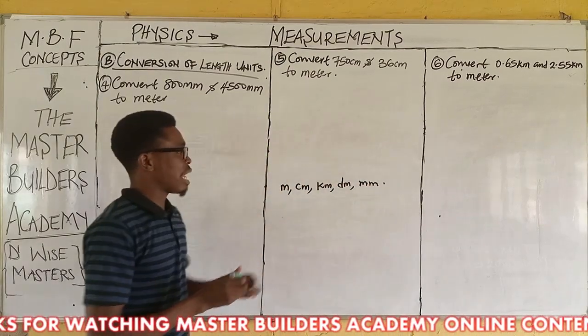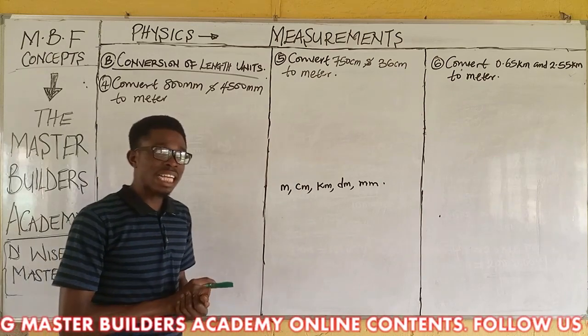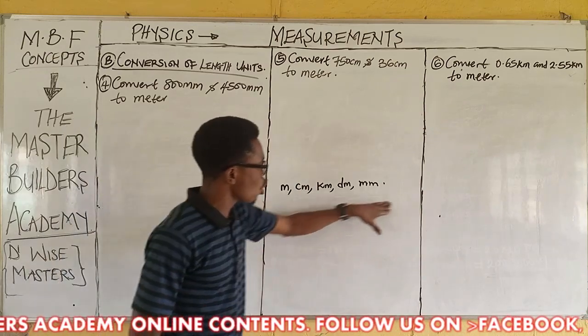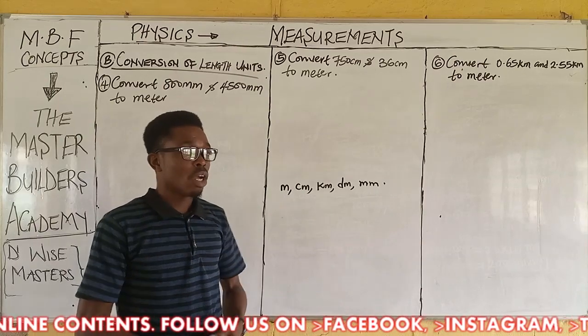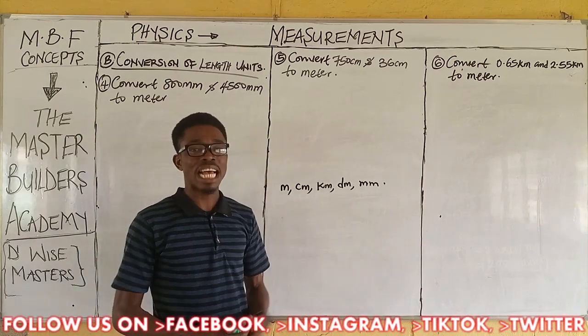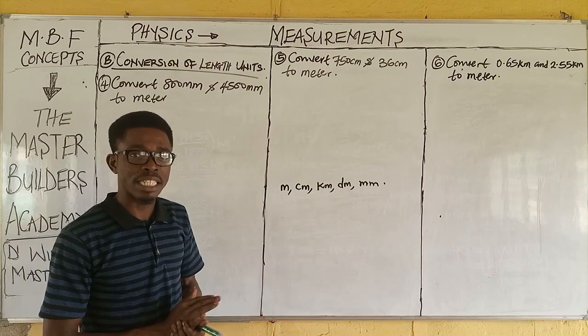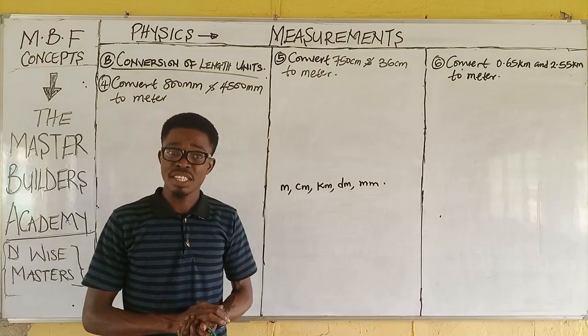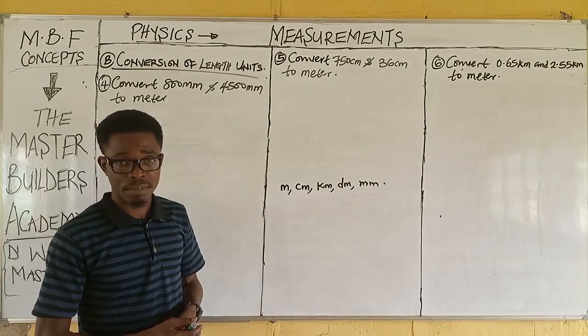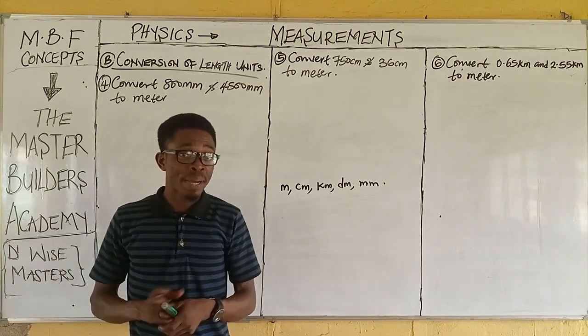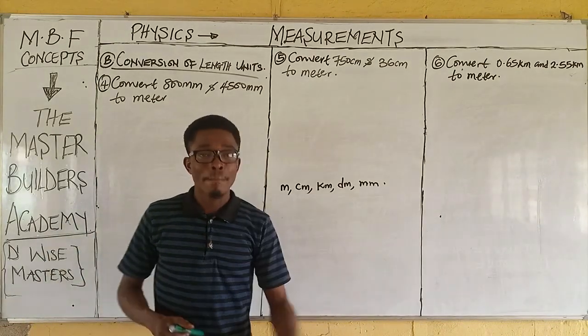We may not be able to look at everything, but understand that among these units of length, these are the metric units. The measurement of length is in two forms: the metric and the imperial units. These are all metric units.